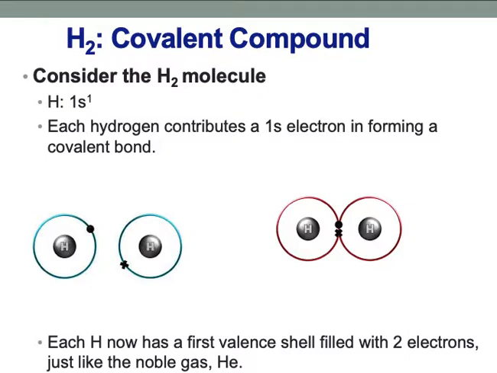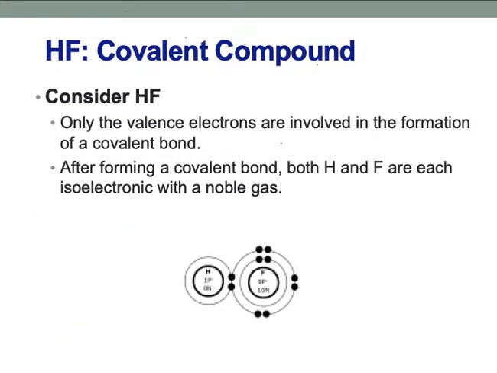And now it would look like the noble gas helium. This is also true if we're doing something like HF. Fluorine just needs 1 more electron. Hydrogen needs 1 more electron. If they share electrons with each other, then they each have an isoelectronic configuration with their nearest noble gas.